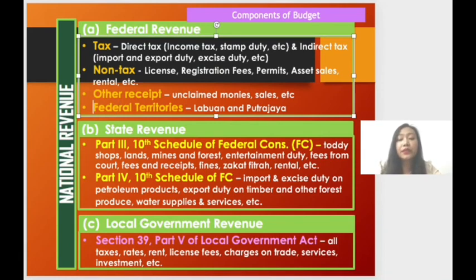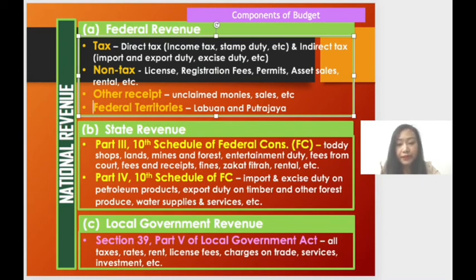Next one, state revenue. In part 3, the 10th schedule of Federal Constitution, which is FC, toddy shops, lands, mines and forests, entertainment duty, fees from court, fees and receipts, fines, zakat fitrah, rental, and many more.